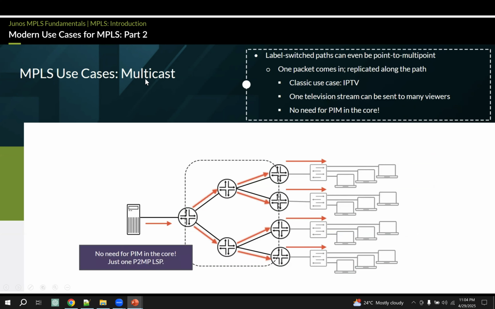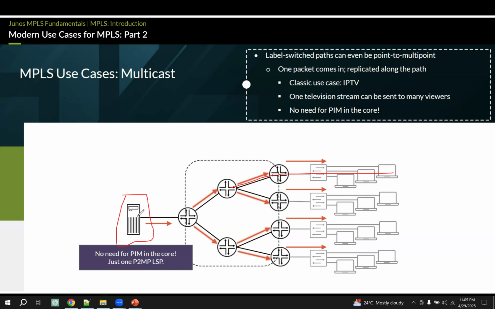MPLS use cases: multicast. Multicast means point to multipoint. Consider here, this is the IPTV server. You are sending streaming towards your customers. That is point to multipoint, with multiple receivers taking this service.